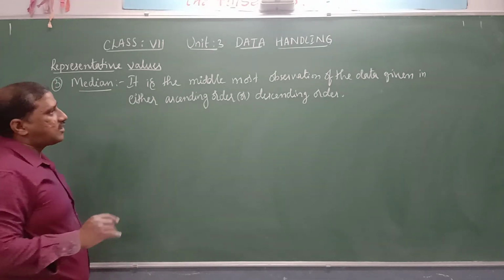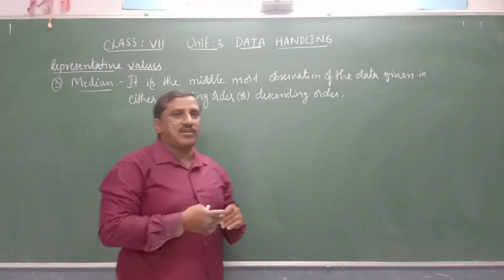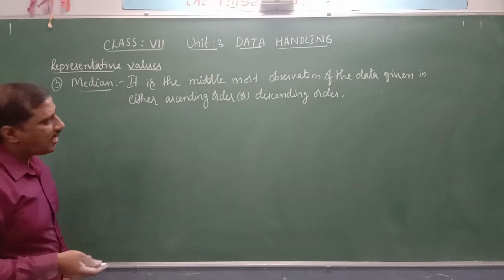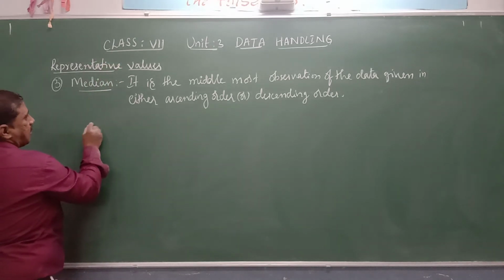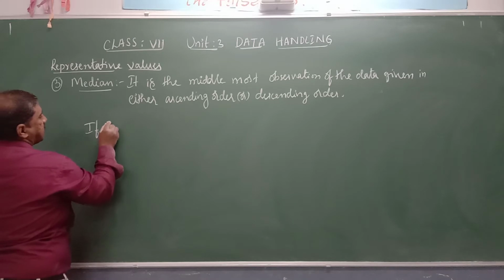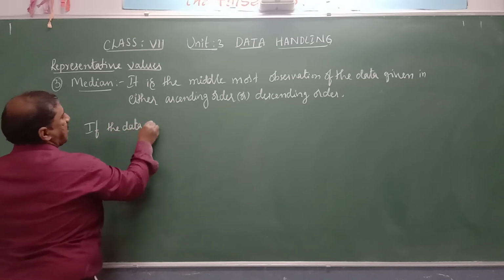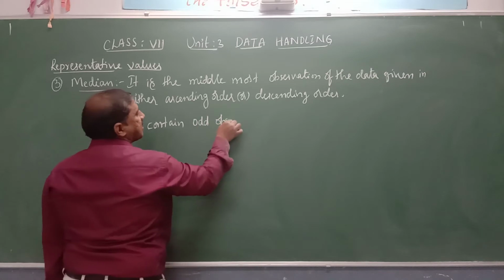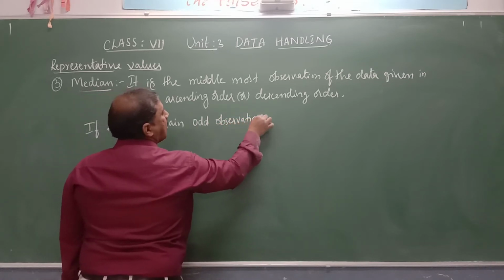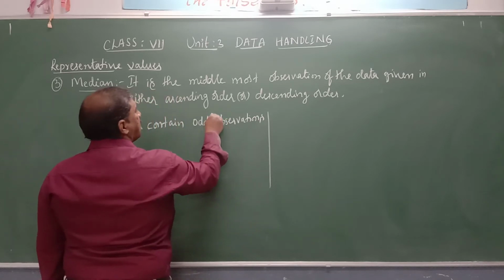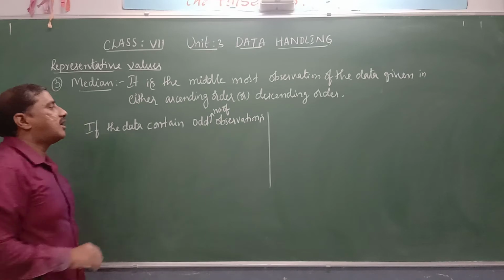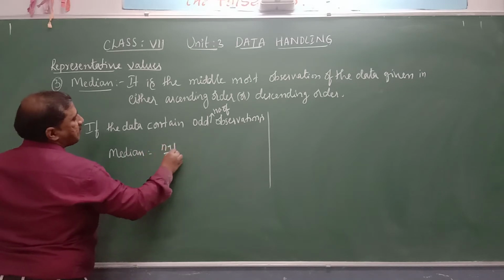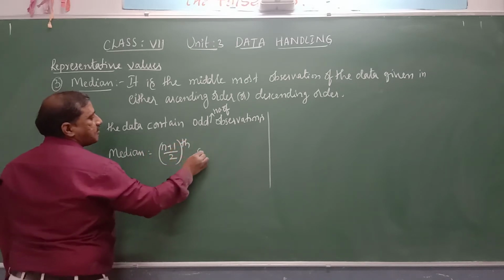Now we will find the median in two cases: if the data contains an even number of observations, or if the data contains an odd number of observations. If the data contains an odd number of observations, then the median is equal to the (n plus 1) by 2 th observation.